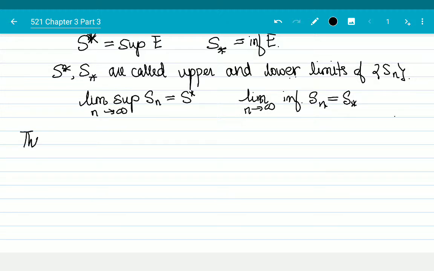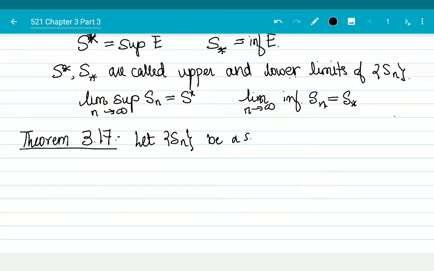Theorem 3.17. Let Sn be a sequence of reals.